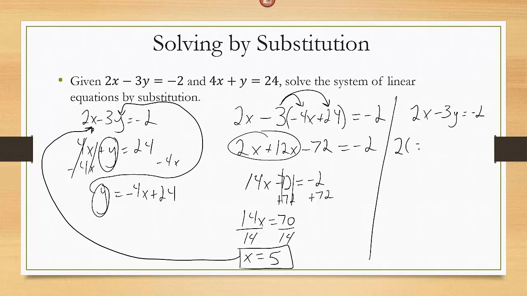We're going to have 2 times 5 minus 3y equals negative 2. 2 times 5 is 10. So 10 minus 3y equals negative 2. Now we want to get this 10 over here so that we can have this 3y by itself. So let's subtract 10 from both sides.